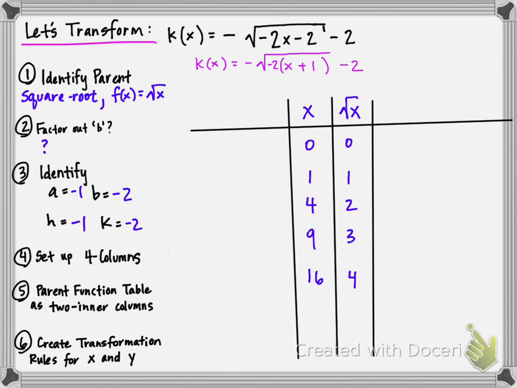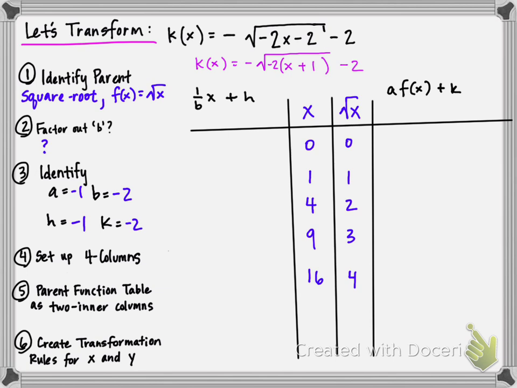Now again, let's write the rules of how we actually are going to transform, right? What are the rules that we need? Aren't those rules something like 1 over b times x plus h? And then we also have a times f of x plus k.